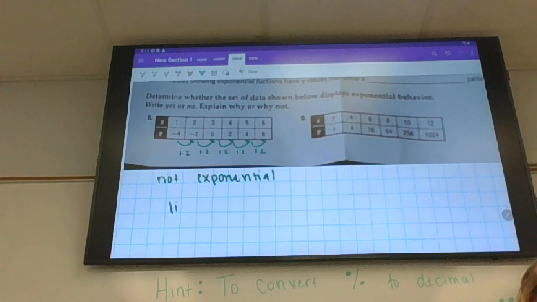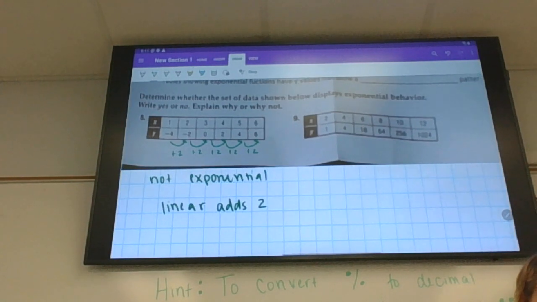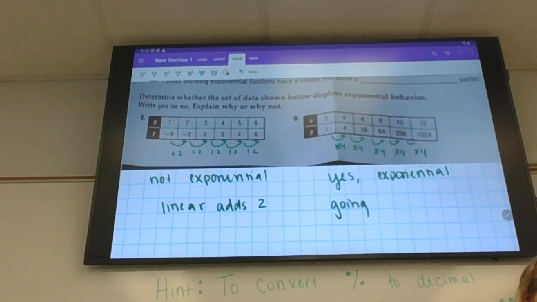This one is linear because it adds 2. However, this one, what's the pattern in the second one? Times 4. It's multiplying by 4, so yes, this one is exponential. It's going up by multiples.